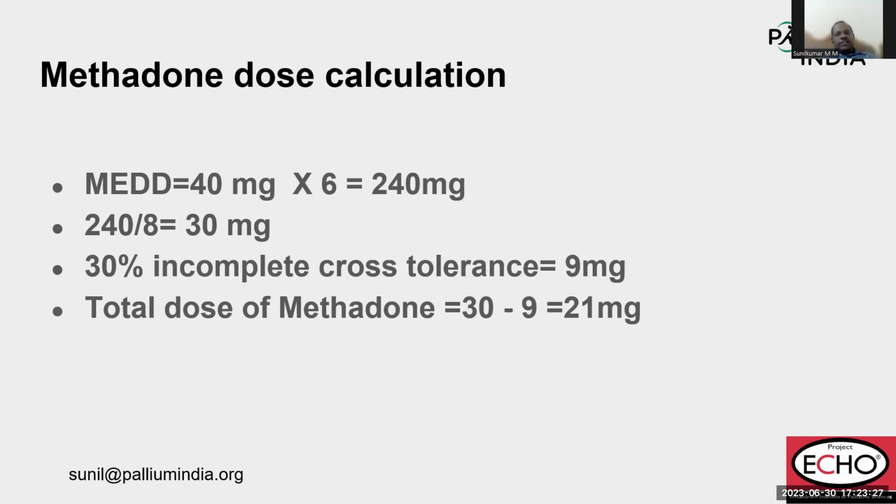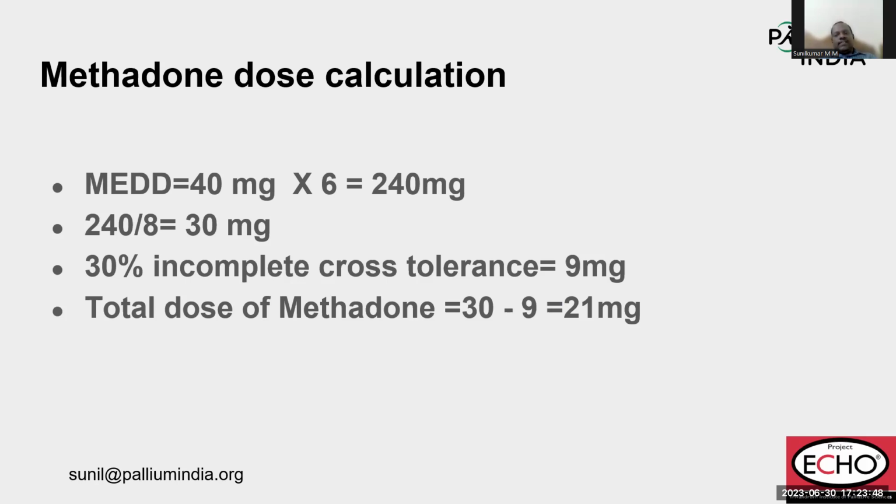And I showed you many methods, and I told you many of the people were using 3-day switch. 3-day switch means on the first day of starting methadone, you would not start the total dose of methadone. Instead, you would use only 1/3 of the methadone.